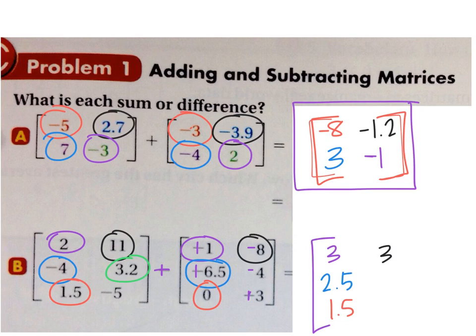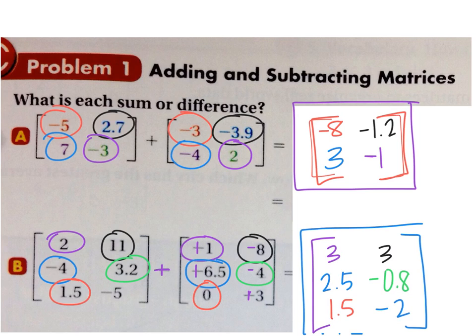Then 3.2 plus -4 is -0.8. And then -5 plus 3 is -2. Okay? That's how you subtract.